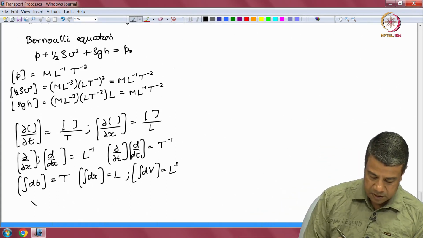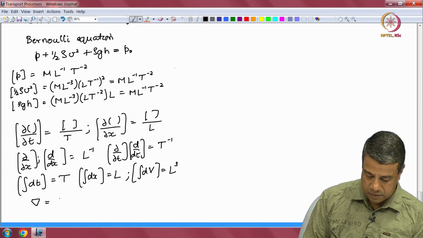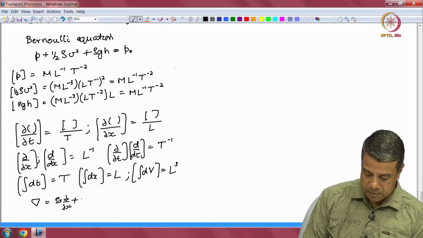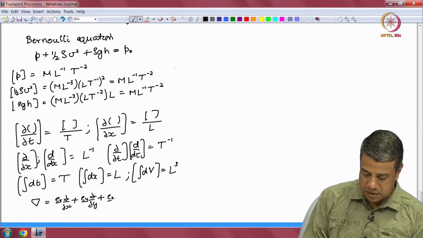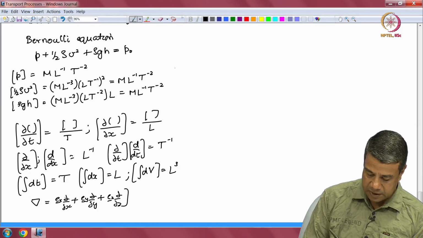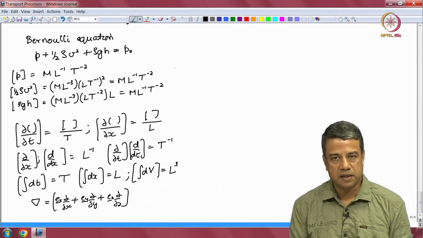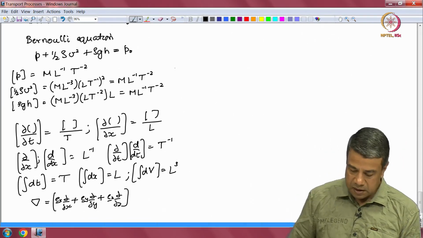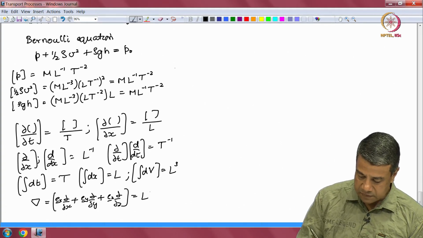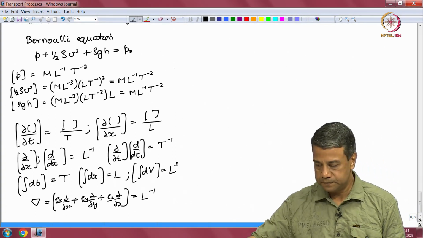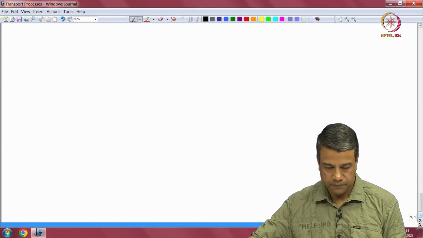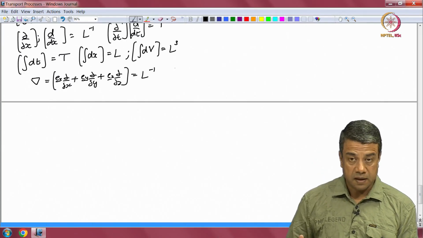For example, there is a gradient which is equal to Ex d by dx plus Ey d by dy plus Ez d by dz, where Ex, Ey and Ez are unit vectors. This has dimensions of length inverse. A vector has dimensions.